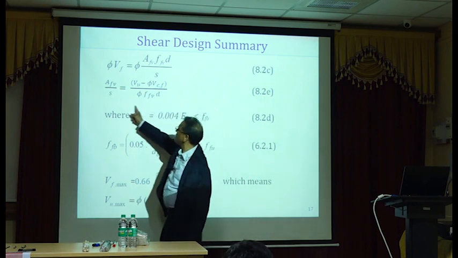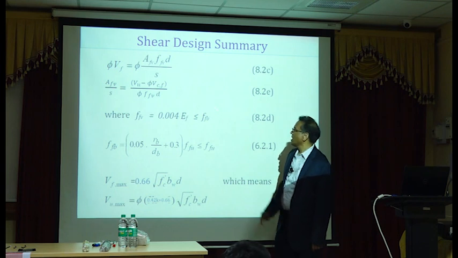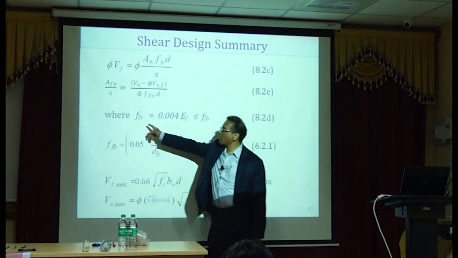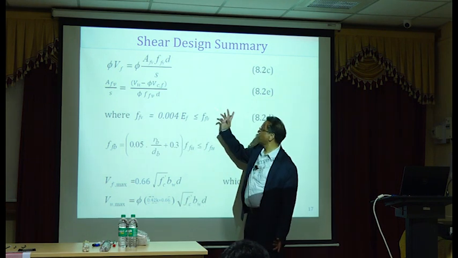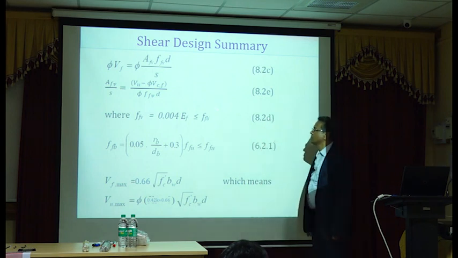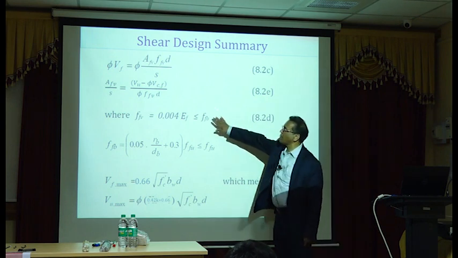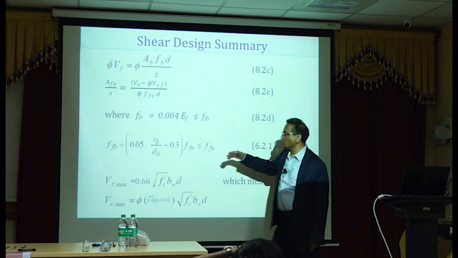So when you use this limit of FFV equals 0.004 EF, that should be less than or equal to FFB, so FFV, V for Victor, and this is B for bend. So it should be less than FFB. Okay, so FFB is given by this equation, we know that.